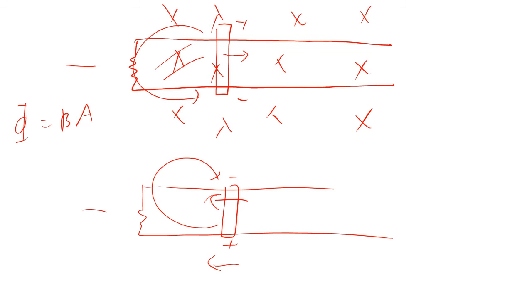Well, if the current is flowing this way, the right-hand rule points to a magnetic field out of the board. If the current's flowing this way, the right-hand rule points to a magnetic field into the board. What that's saying is that this encourages an induced magnetic field to be in the direction that minimizes change. And that is what we call Lenz's law.